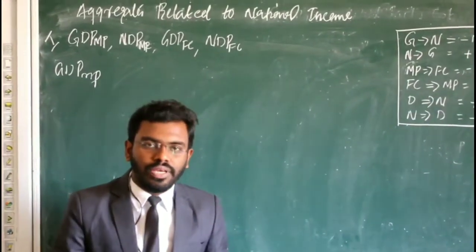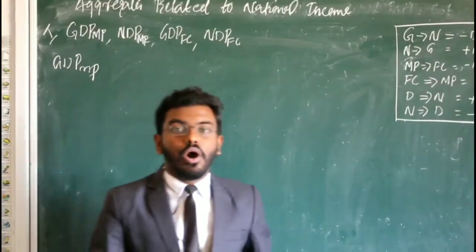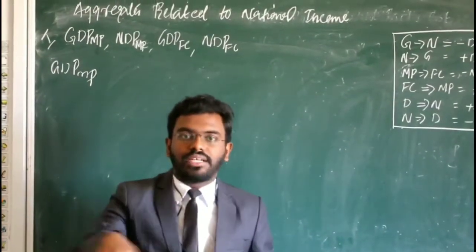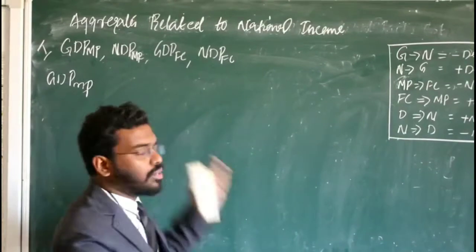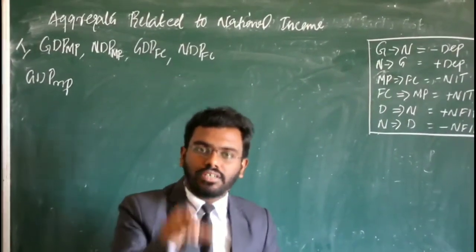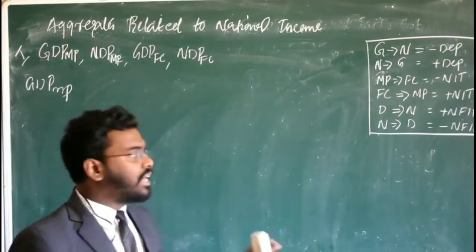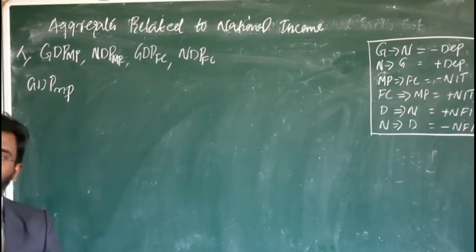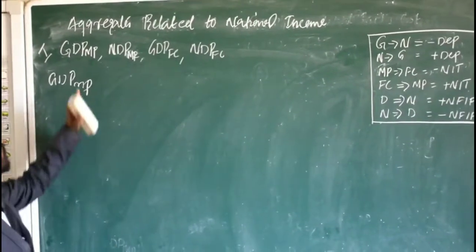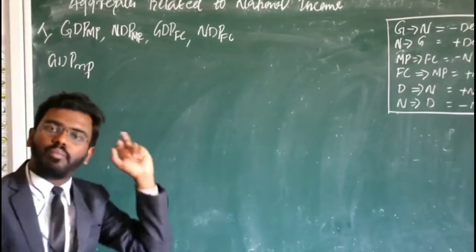Otherwise, GDP is the money value of all final goods and services produced within domestic territory. This is a domestic concept, so we need to add domestic territory: produced within domestic territory during an accounting year. That is GDP MP.